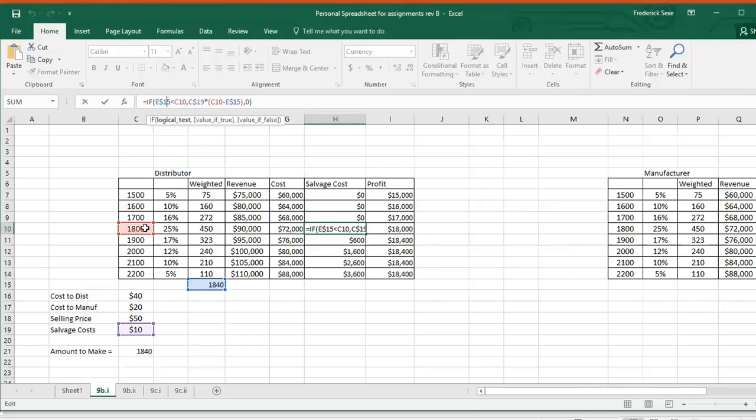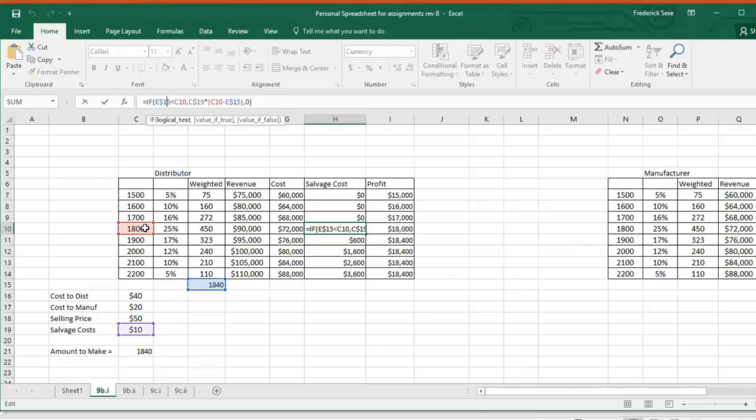Because don't forget, if you look at 9B, it says the manufacturer produces the amount ordered by the distributor. So the manufacturer isn't going to build any more than what the distributor asks. So salvage costs are borne by the distributor because they have all the risk. So if they order 2,000, the manufacturer builds 2,000. If they only sell 1,800, they got 200 left that they have to get rid of.